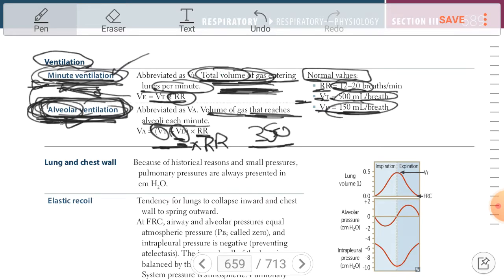In alveolar ventilation, only the volume of gas from this total that reached the alveoli counts. So you must exclude the physiologic dead space, which equals the anatomic dead space plus alveolar dead space. Then the same, you multiply it by respiratory rate.